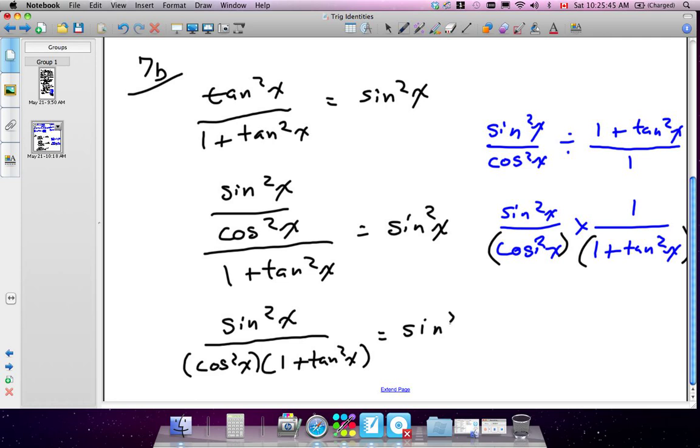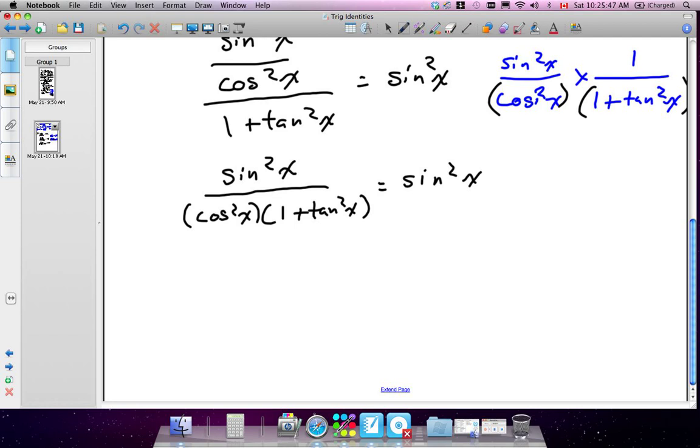So now I've rearranged this equation a little. I have sine squared on top. I just kind of, hopefully I can try to just cancel out this bottom. Well, I have the distributive rule, cos squared x times 1 and times tangent. So I'm going to bring that over. Cos squared x times 1 is just cos squared x.